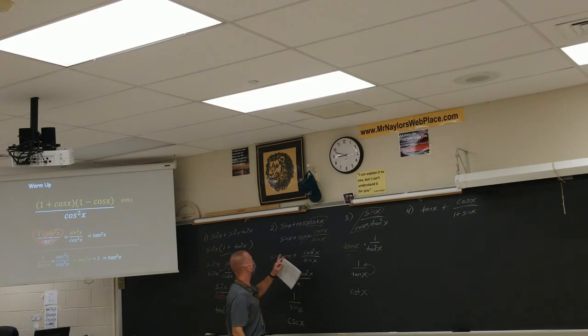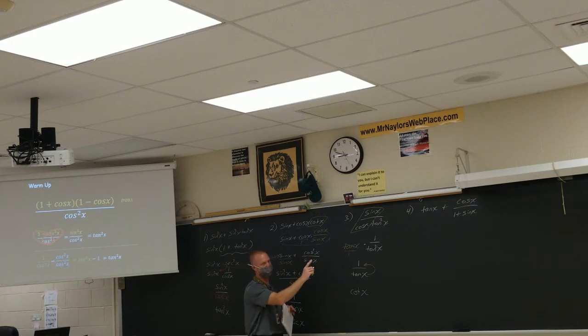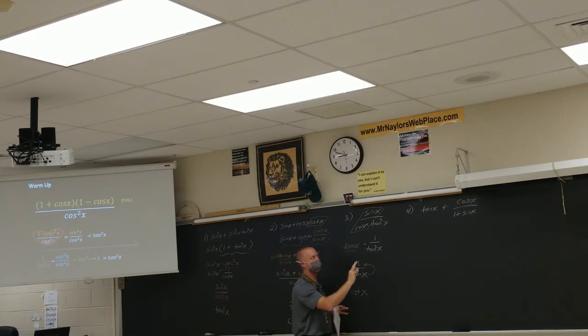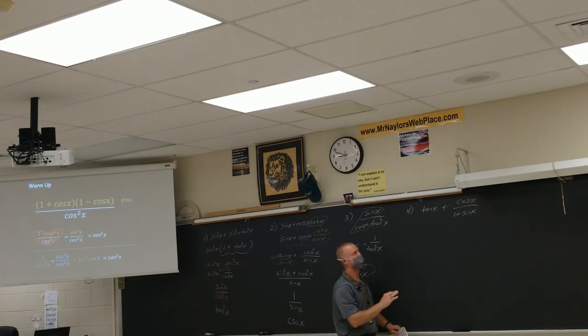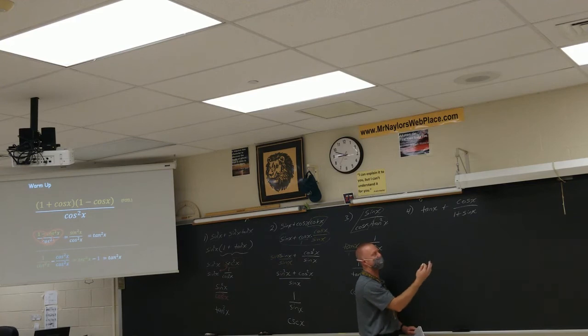Kind of like number 2. We have to recognize that there's something being added. We have to recognize that there's a fraction. What I'm getting at is we have to realize that this problem is going to require common denominators. If you don't go this way, it's going to be hard to get it right.